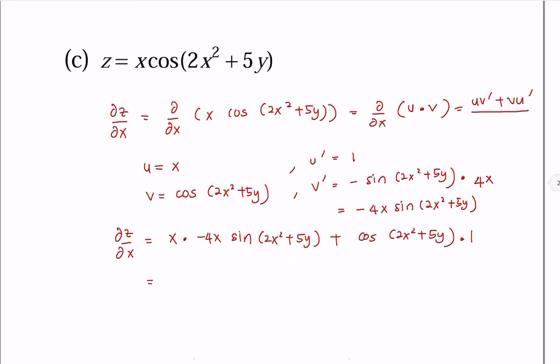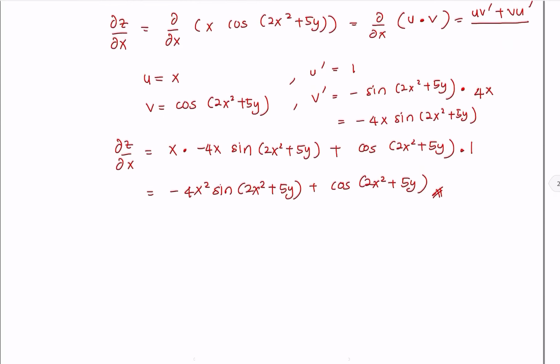Therefore we just simplify: negative 4x² sin(2x² + 5y) + cos(2x² + 5y). So this is the answer for ∂z/∂x.